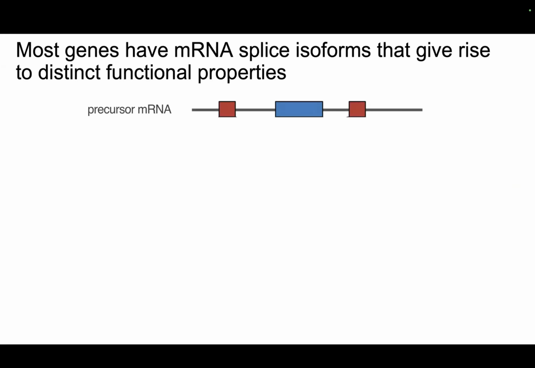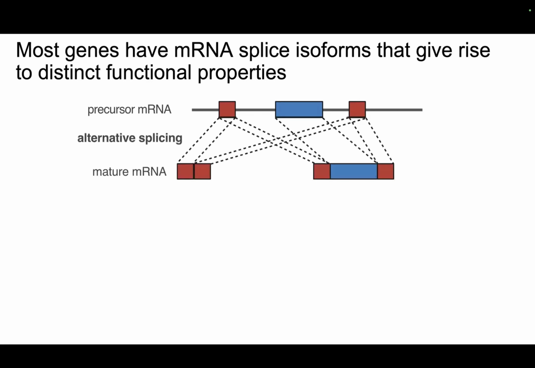As we all know, most genes have many mRNA splice isoforms. For example, a precursor mRNA is spliced into multiple mature mRNA isoforms. Here you can see that this blue exon is spliced into the isoform on the right, and it's not included in the isoform on the left.